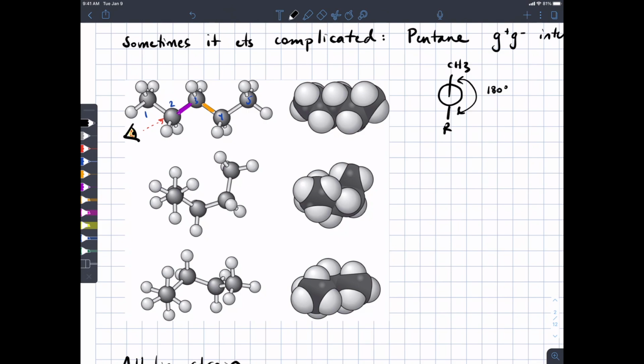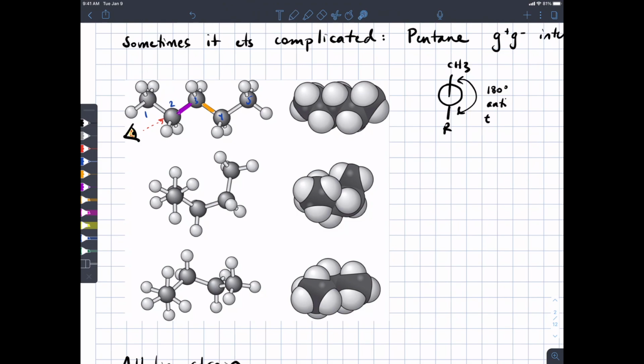Another way people will describe this conformation is to give it the letter T, a lowercase t for trans or anti. We don't typically use trans in a stereochemical sense that way, but when people talk about conformations, you will sometimes see that notation.